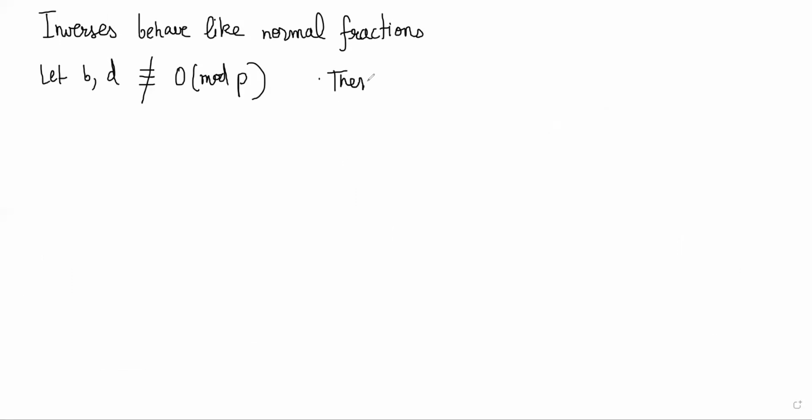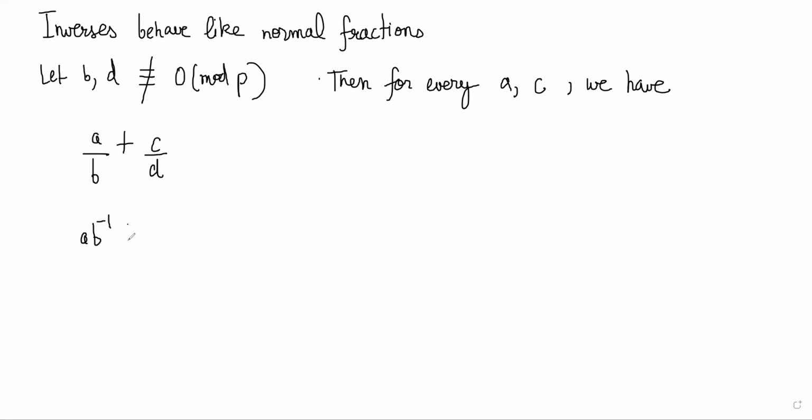Then for every a, c, we have a by b plus c by d. Right now we are writing it as fractions, but what we actually mean is a b inverse plus c d inverse.